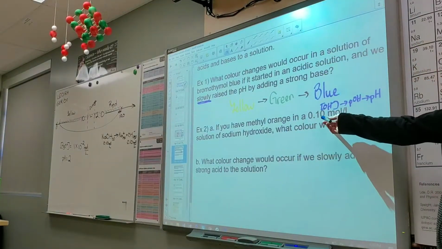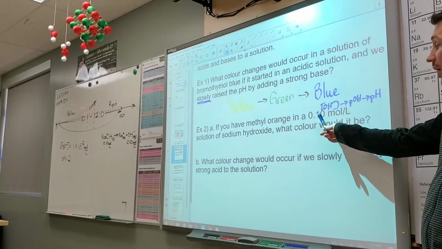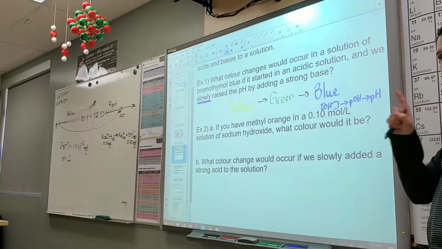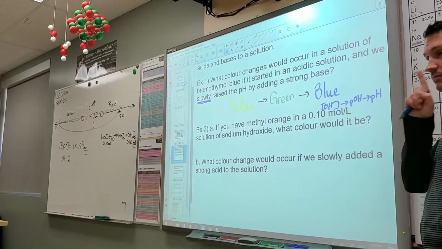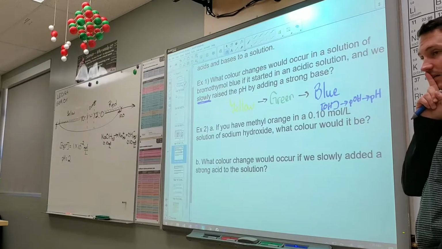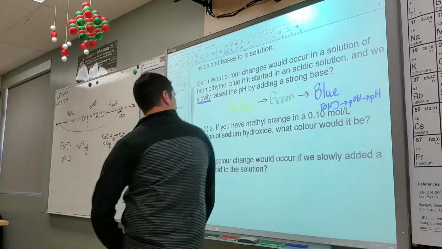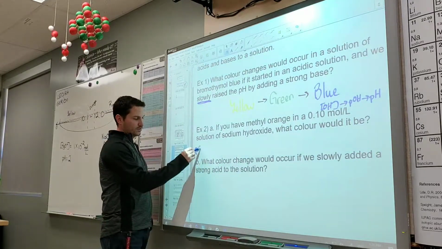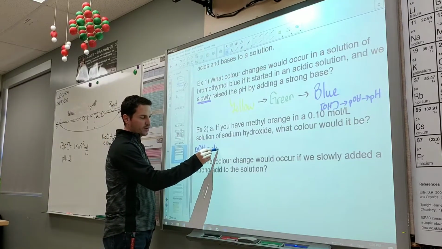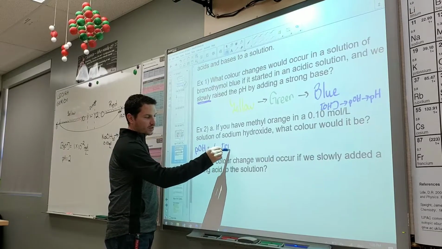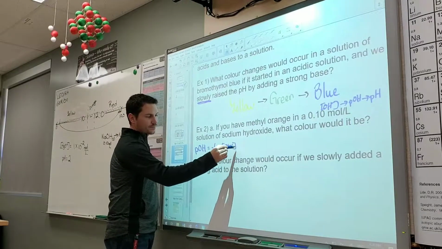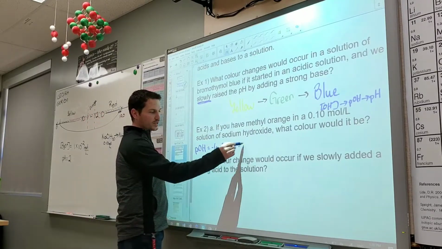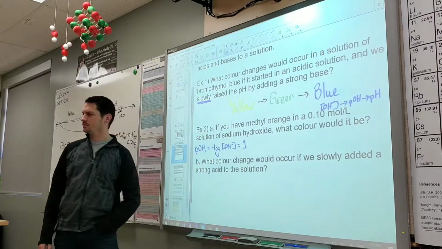So somebody tell me what the pOH of this hydroxide is. How do you get pOH from a hydroxide concentration? pOH is the negative log of the hydroxide concentration, right? So if you take the negative log of 0.1, you will get 1.